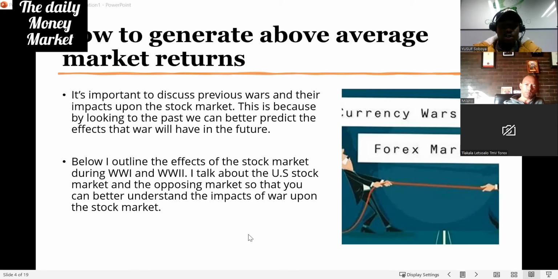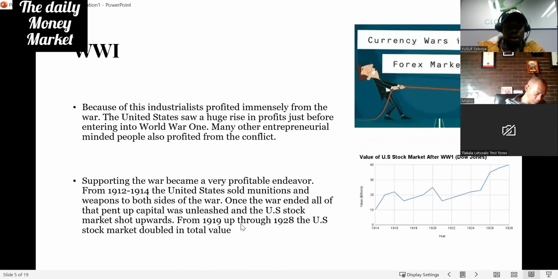So there's an outline of the effects on the stock market during World War I and World War II. It talks about the US stock market, and also other markets, so that you can better understand the impacts of war upon the stock market. During World War I, of course, I was not there, it's just the research.